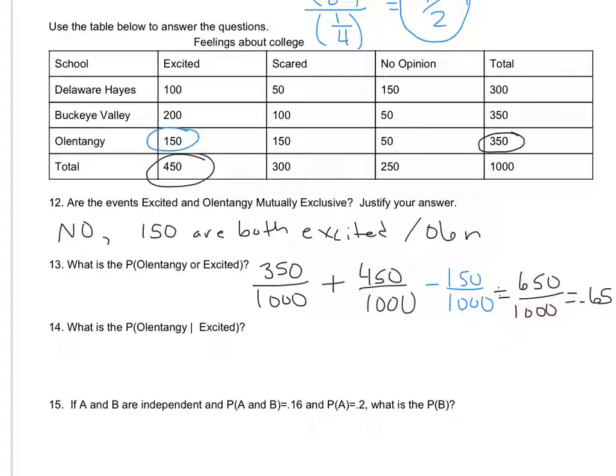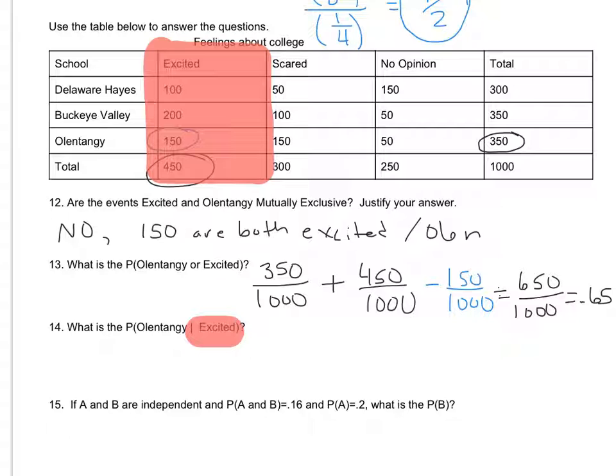All right, 14 says, what's the probability they're from Olentangy given they're excited? Remember, our bar means it's already happened. So when I see that bar and it says given they're excited, that means I'm only talking about these excited people. I already know the person is excited. Whatever comes second, that means that's already happened.